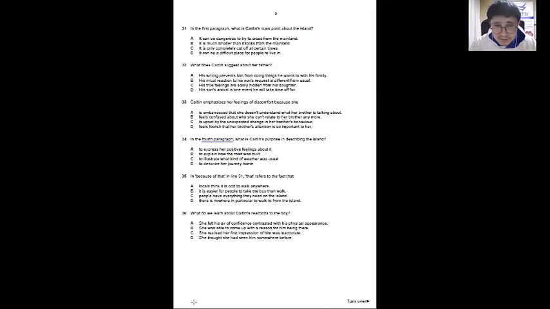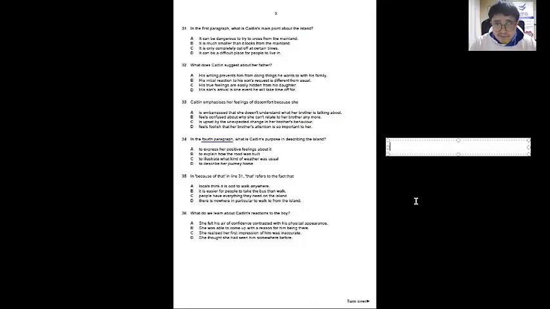Something that we should mention at this point is that the language will never be exactly the same in the alternatives and in the text. That is what we call parallel language.